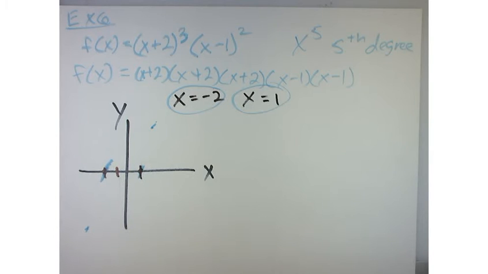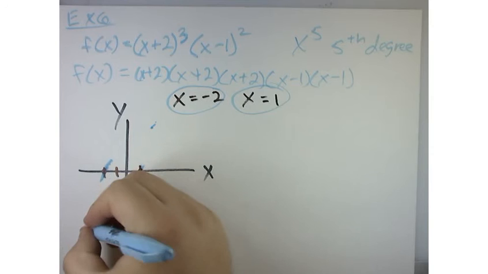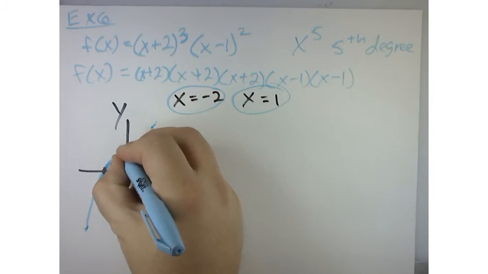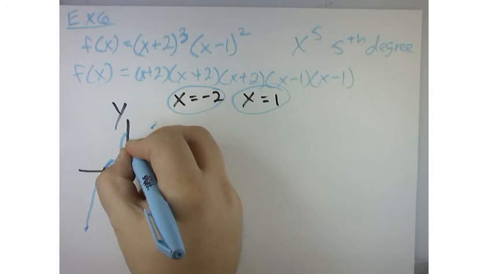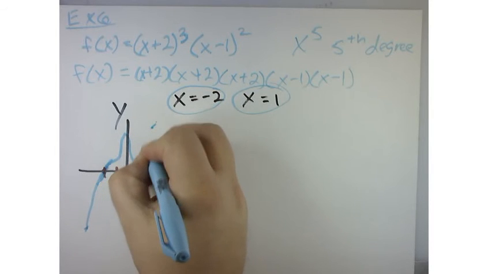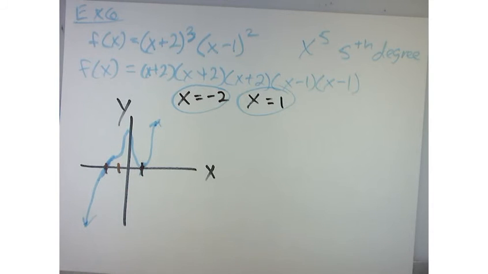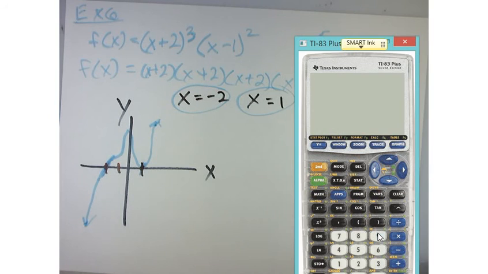Well, if we graph this in our calculator, it's going to come up this way, and it's going to go up this way, and it's going to come back down, and it's going to go up this way. That's the behavior of the function. That's what it looks like if you graph it. And in fact, let's graph it on the graphing calculator. And I don't need to expand it out or anything.